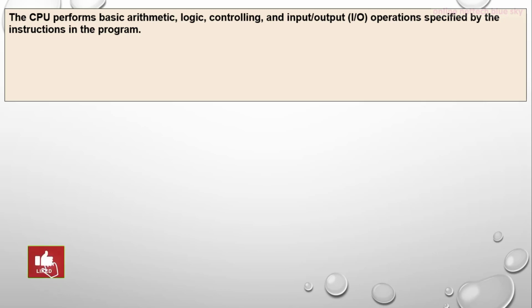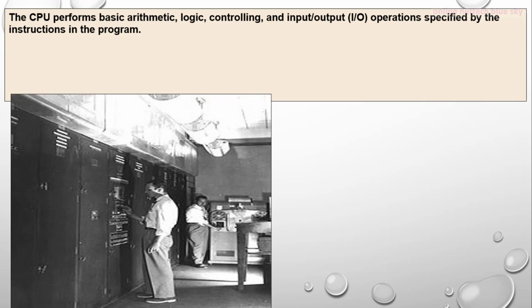So why basic arithmetic? In every early generation of computers, around 1952, 1956, the computer was very big, taking minimum two rooms of space.